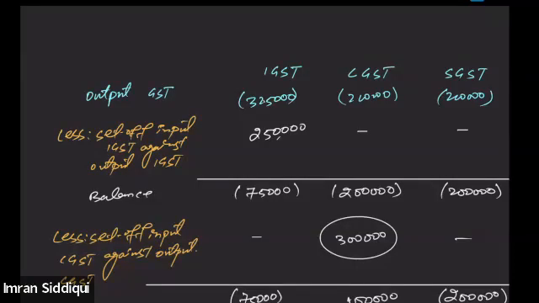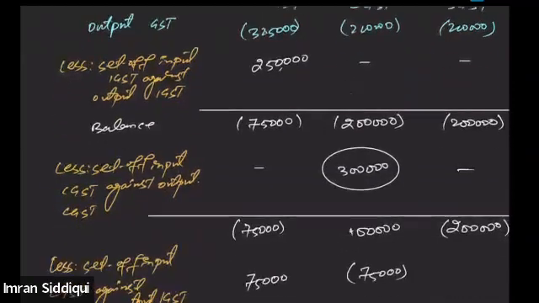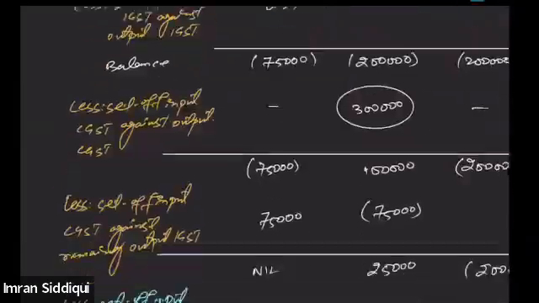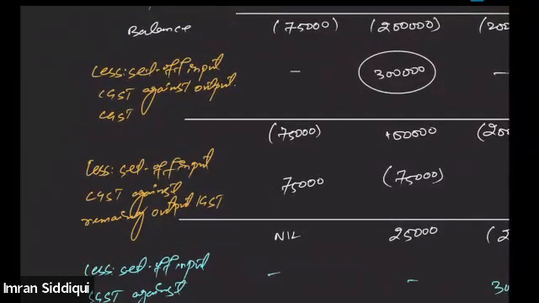After that, we have adjusted CGST to the extent of 2 lakh. Input CGST has been adjusted out of output CGST to the extent of 2 lakh. So the journal entry for this will be output CGST account debit to input CGST account. And the remaining balance which was not set off using the output CGST, we basically set off this amount from the remaining balance of output IGST.